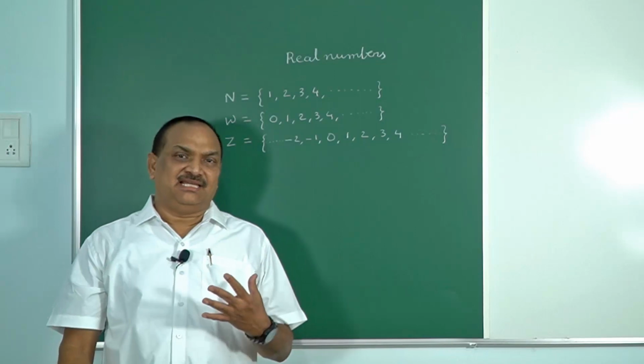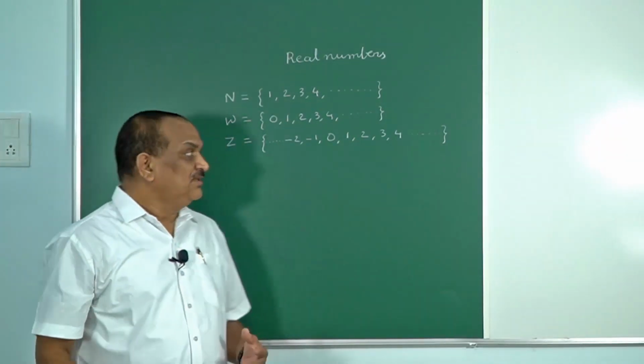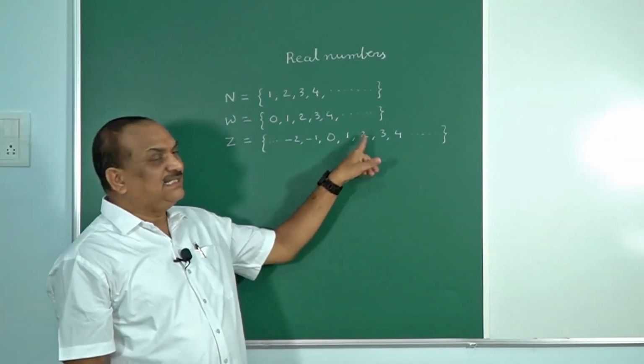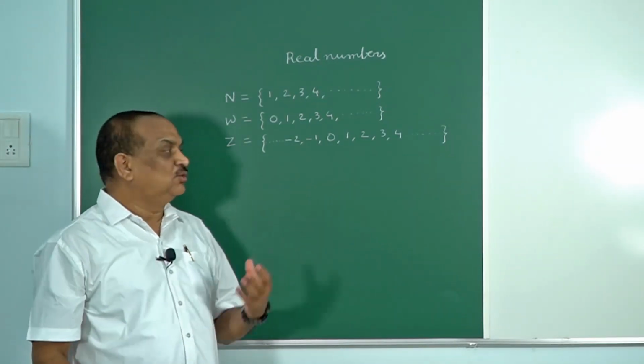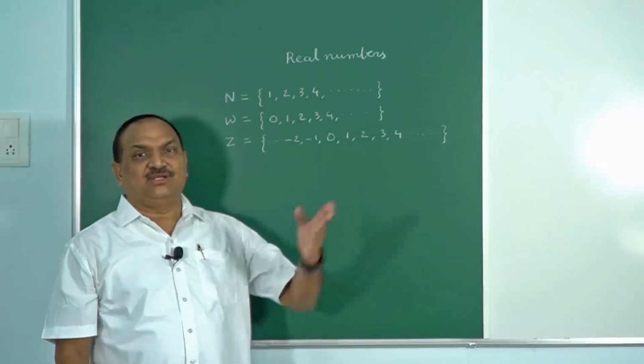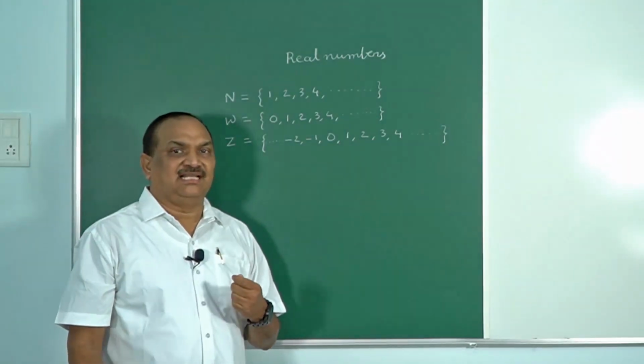There are so many integers actually, and between any two integers there are so many fractions. Those fractions and these integers together, we call them rational numbers.